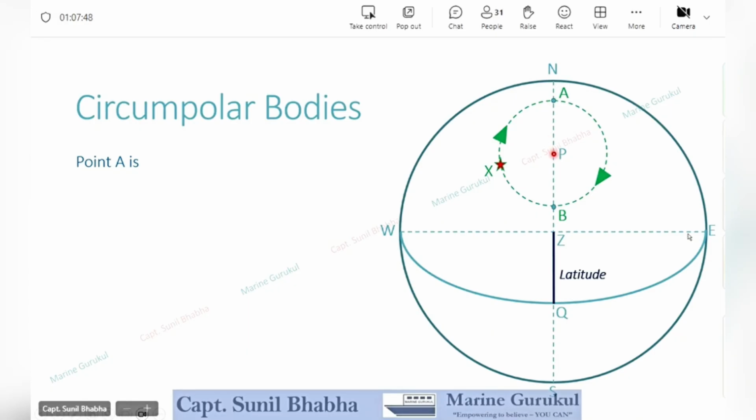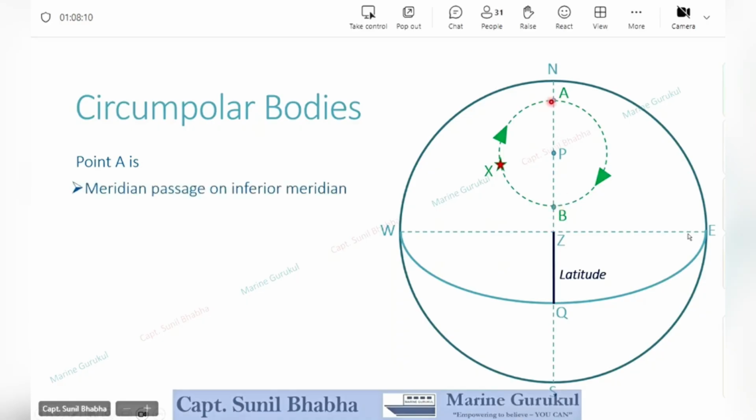You see, when you go on the other side of the pole, this represents your inferior meridian, reciprocal meridian. So at point A, the body crosses the inferior meridian of the observer. At point B, it crosses the meridian, or the observer's meridian.